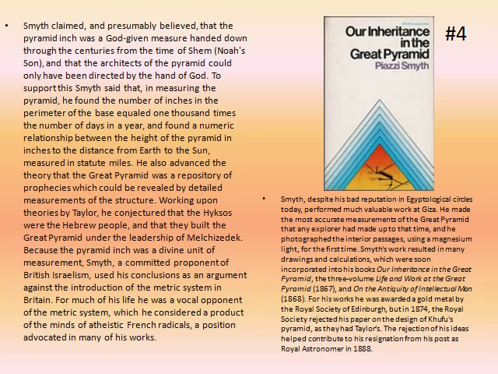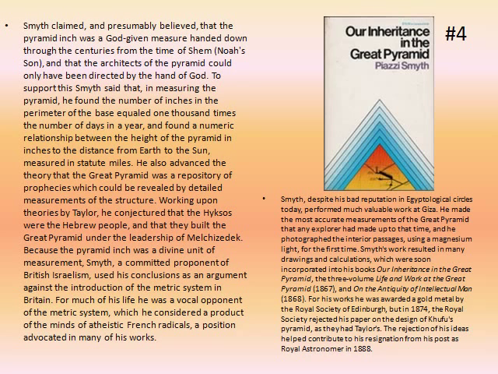Smythe, despite his bad reputation in Egyptological circles today, performed much valuable work at Giza. He made the most accurate measurements of the Great Pyramid that any explorer had made up to that time, and he photographed the interior passages using a magnesium light for the first time.